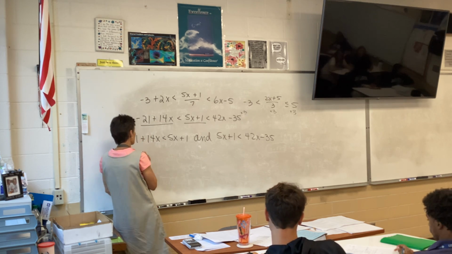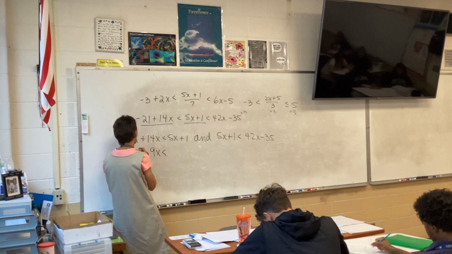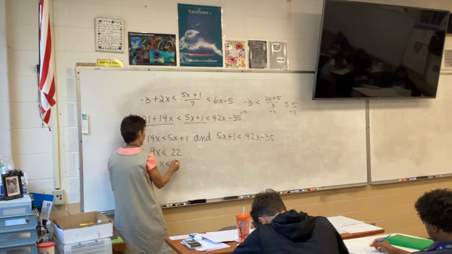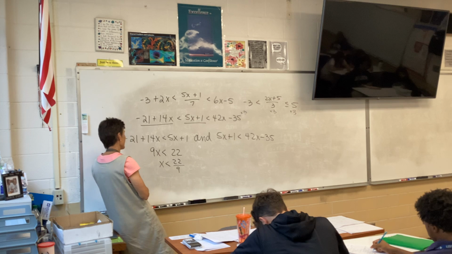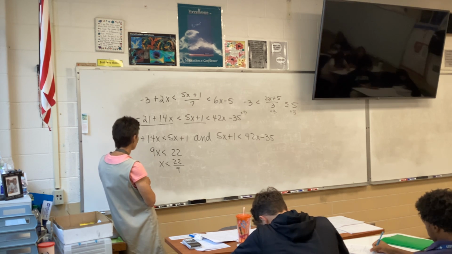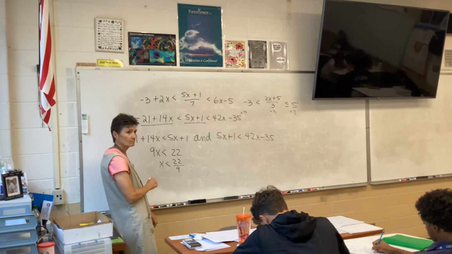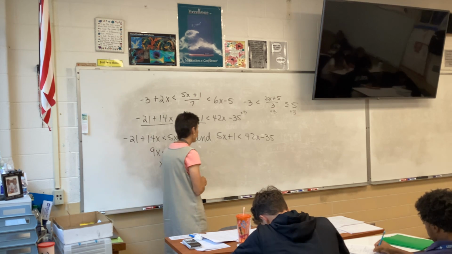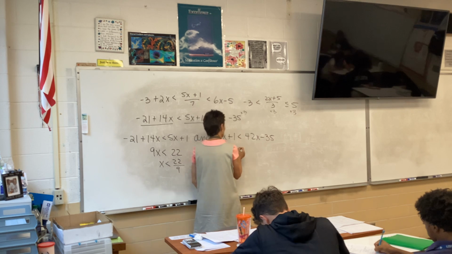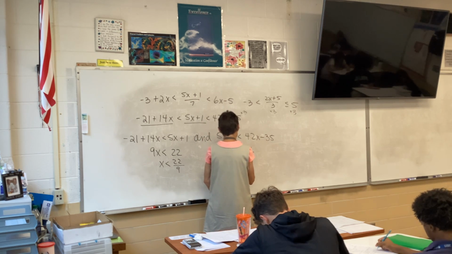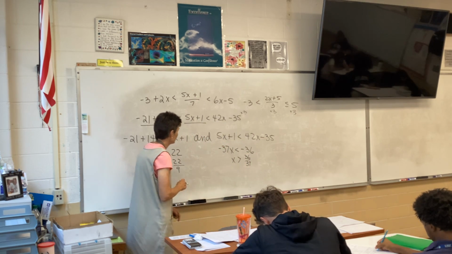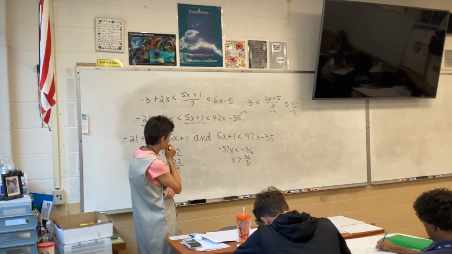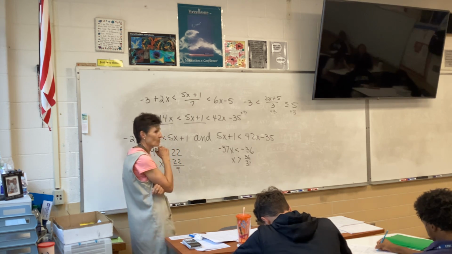All right, so let's solve this one. What do we get? Okay, I don't know. It's the end of the day. I have no idea. I got X is less than 22/9. Does that seem okay? And then over here, I got X is greater than 36/37.